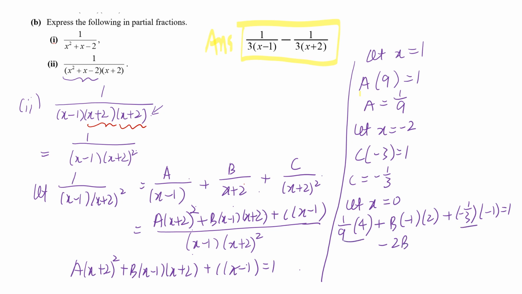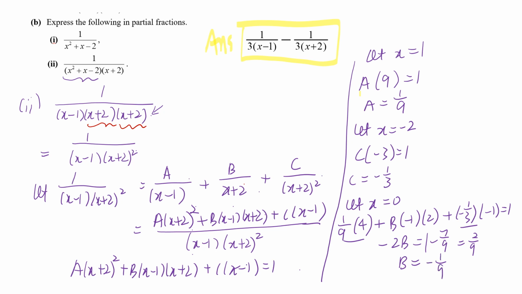Don't need to crack your brain to think so hard. Okay, 1 over 9 times 4 plus 1/3. Negative 1/3 times negative 1 is just 1/3. 7 over 9. So that is 1 minus 7 over 9. 1 minus 7 over 9 gives you 2 over 9. So B will be 2 over 9 divided by negative 2, which gives you negative 1 over 9.